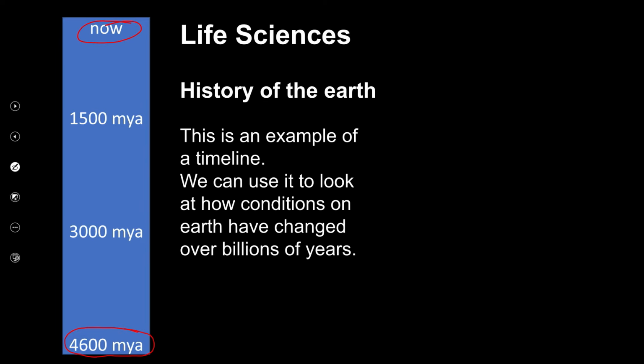And 2/3 of the way along, 3,000 million years ago, and 1,500 million years ago. And what we're going to do is have a look at what happened as time moved from ancient Earth a long time ago and how it changed to conditions that we have on Earth now.